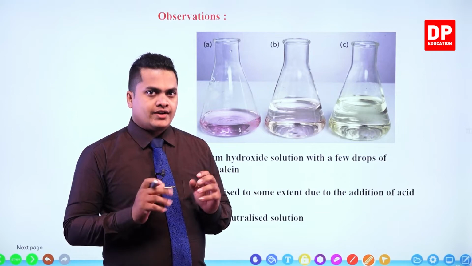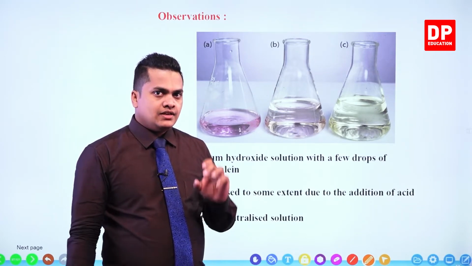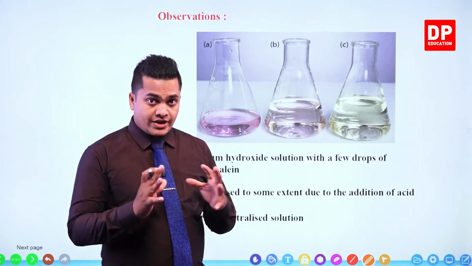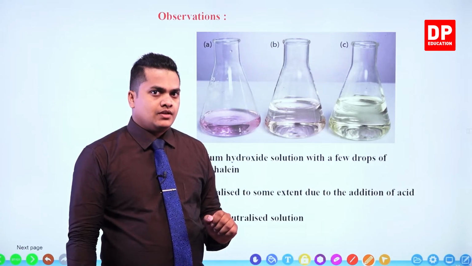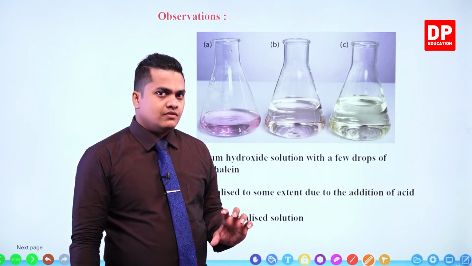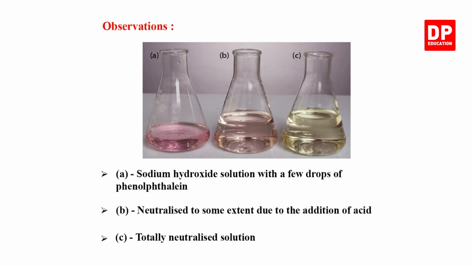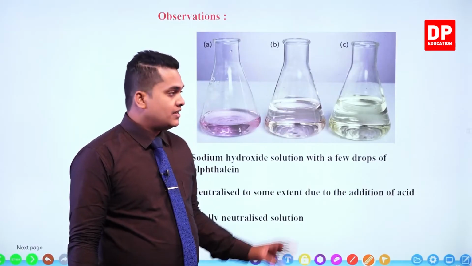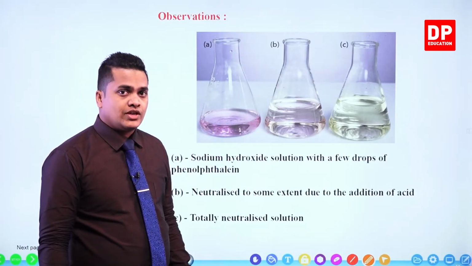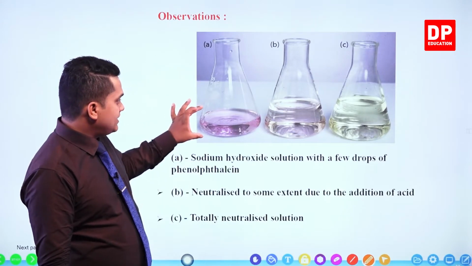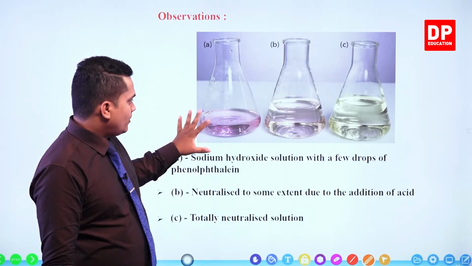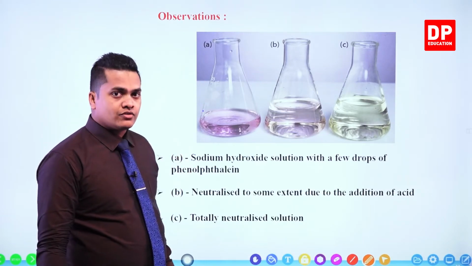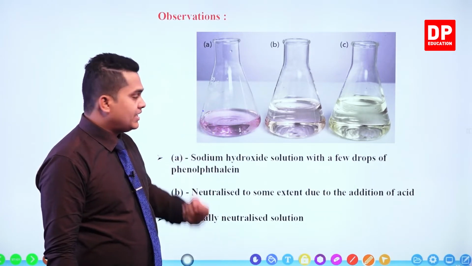So my dear children, we conducted the activity. When I was adding the HCl solution, or hydrochloric acid solution, dropwise into the container, I could observe three states of colors on three different occasions. I have placed a figure here so that you can clearly observe. This is the first color: phenolphthalein added with the sodium hydroxide solution to obtain a pink color.